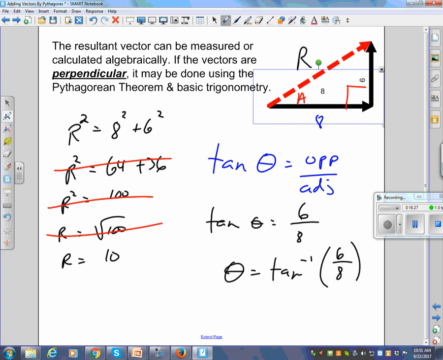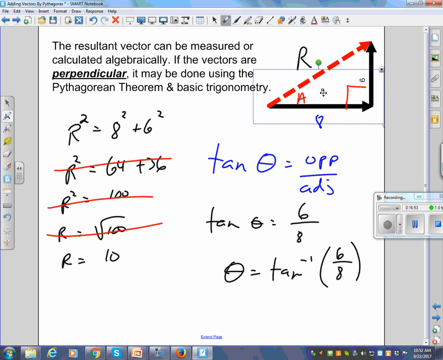Some of you are going to go second function tan 6 divided by 8 equals, and some of you are going to go 6 divided by 8 equals second function tan. That's called reverse Polish. Okay? It's just the way the calculator is programmed. Whichever way it works, you get the same answer, but you've got to know which way it is. This one here is reverse, I think. So I'm going to go 6 divided by 8 equals, and then second function tan.